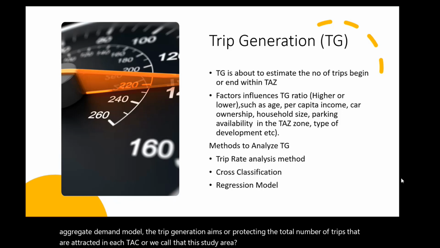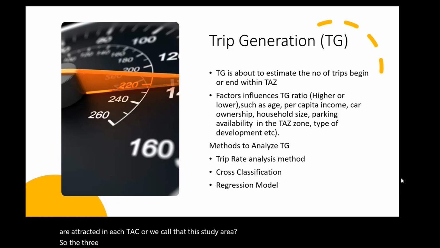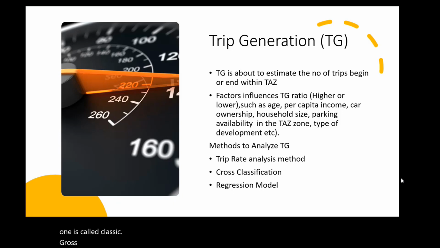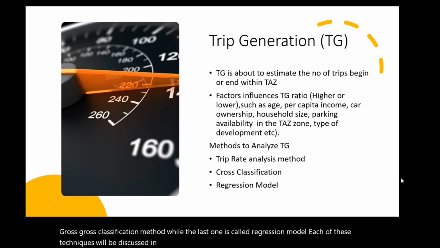Three different techniques or methods can be used to evaluate the trip generation model. The first one is the trip rate analysis method, the second one is the cross classification method, while the last one is the regression model. Each of these techniques will be discussed with an example in a different section.